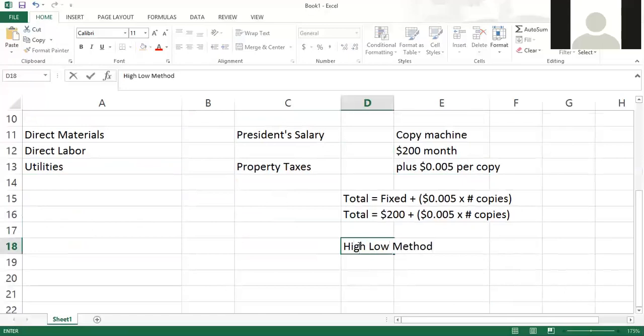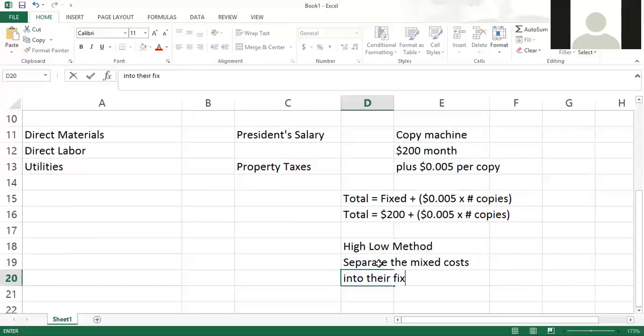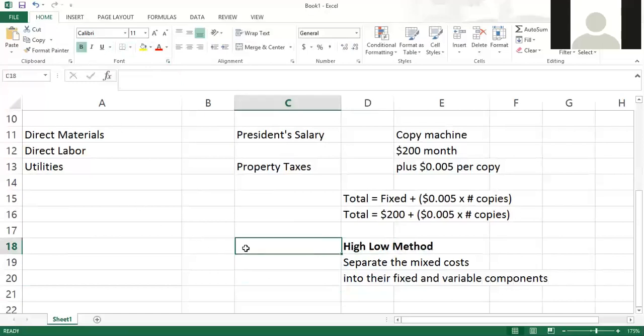And that is a way to separate the mixed costs into their fixed and variable parts. It is only a way of estimating. It's not perfect, but it's a fairly simple method.